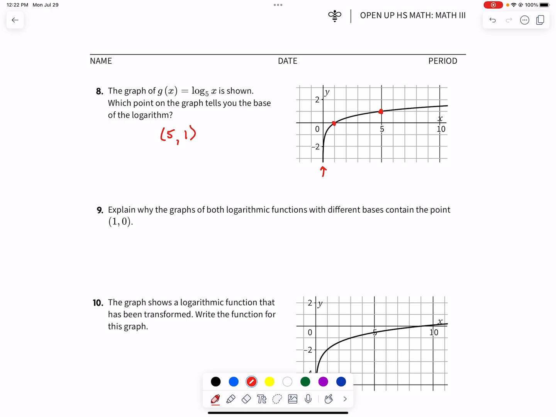Why do different bases have 1, 0? Because log of any base of 1 is 0, because a to the 0 is 1, as long as a is allowed, of course, as a base for the logarithm.